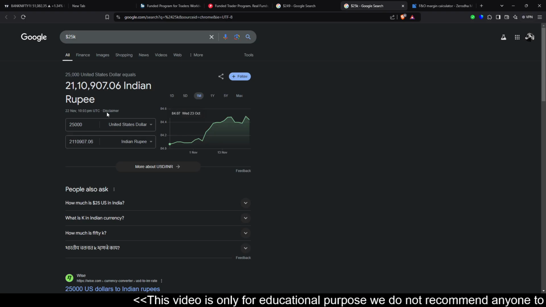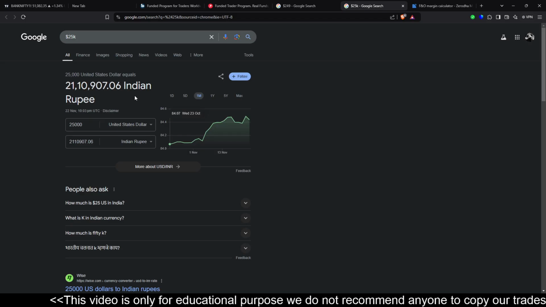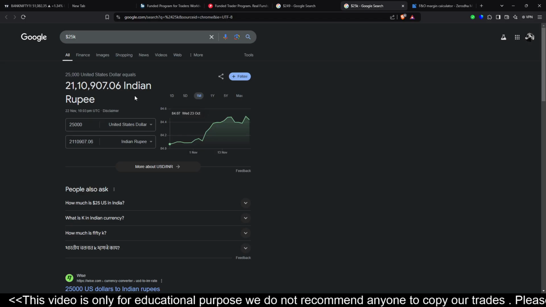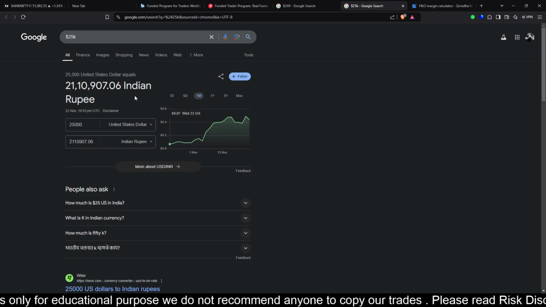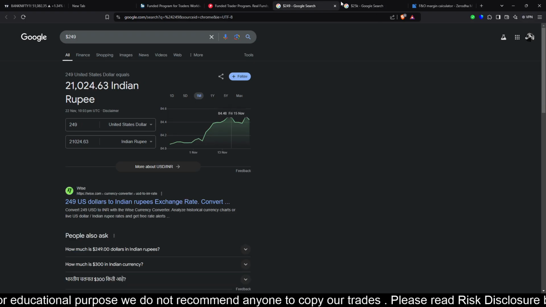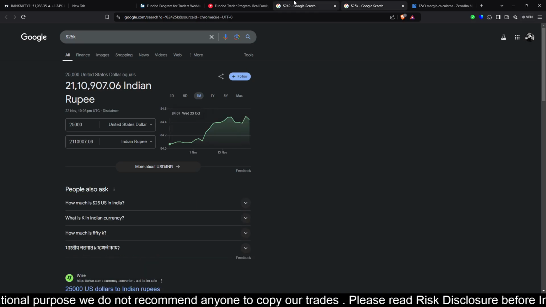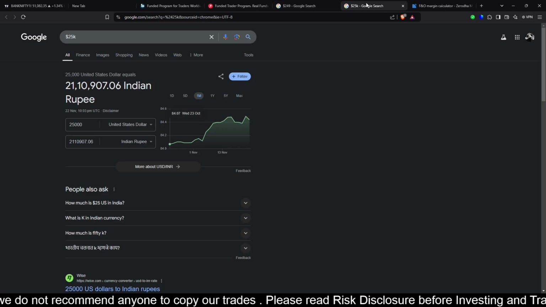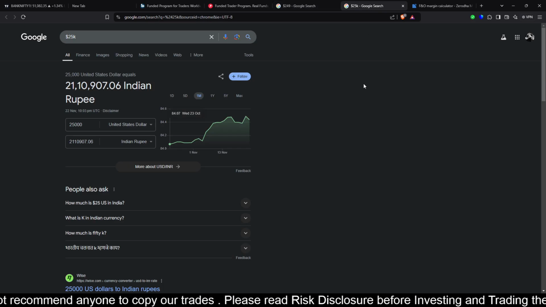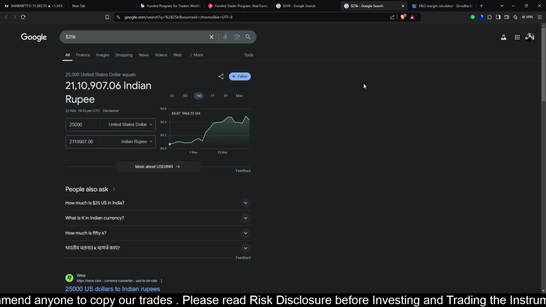Obviously here the entire game changes, because there are so many people who spend their entire trading life to generate from 21,000 rupees to 25 lakh rupees. Just by paying 21,000, you are getting 21 lakh rupees of capital. This is a complete game-changing opportunity you have.